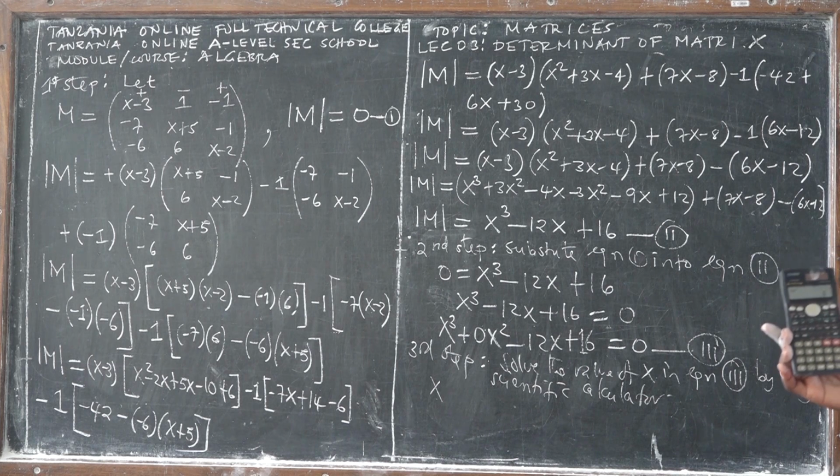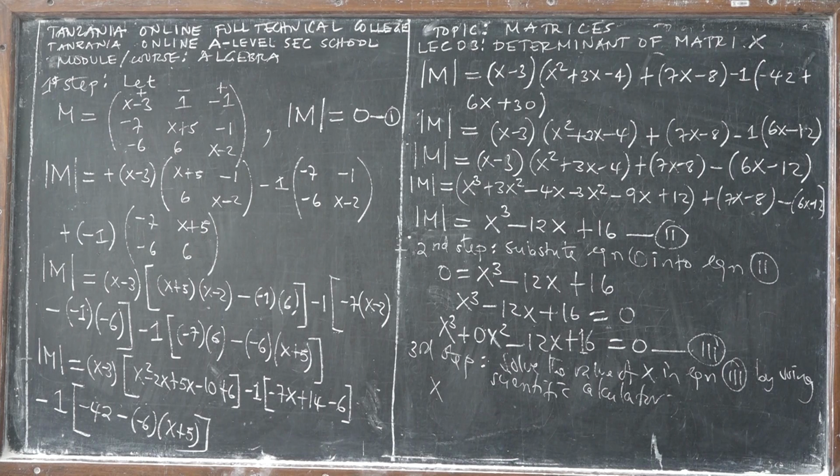What is the coefficient of x squared? 0. Press 0, then equal. What is the coefficient of x? Negative 12, then press equal. D is the constant value. What is the constant? 16. Write 16, then press equal.